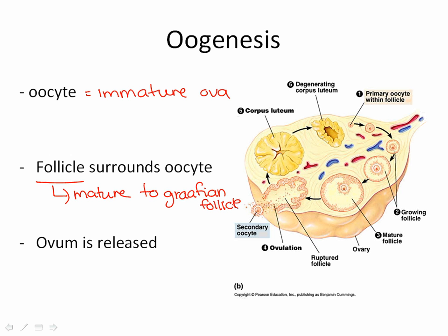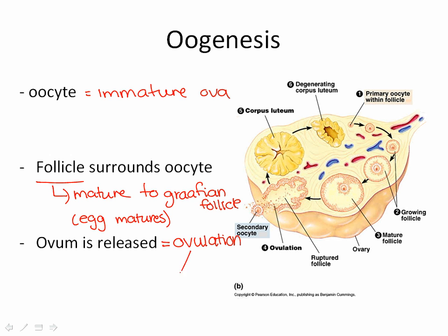Once this maturity level has been reached, the egg is also going to mature with the follicle. So the mature egg is going to be released. The ovum is released, and we call this ovulation, the releasing of the ovum.